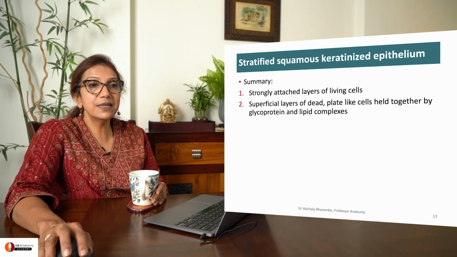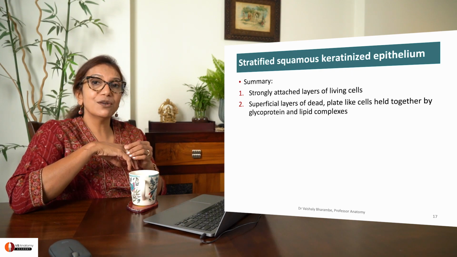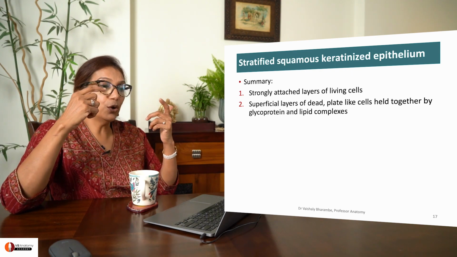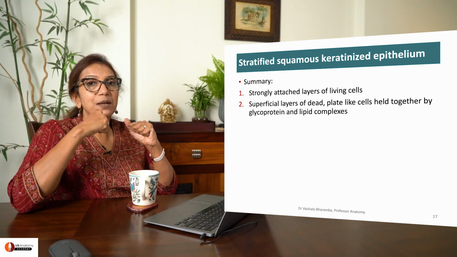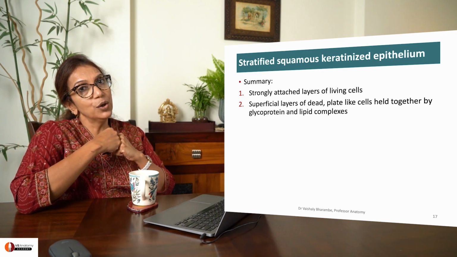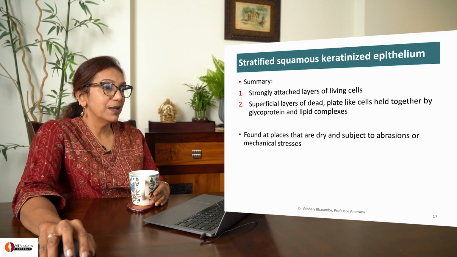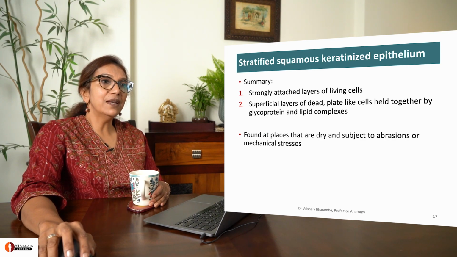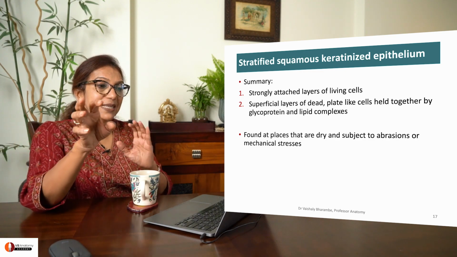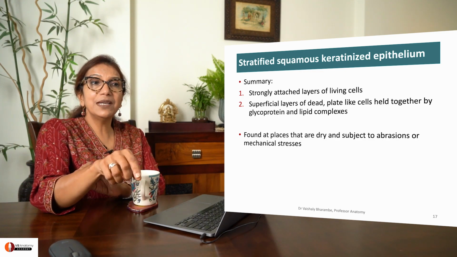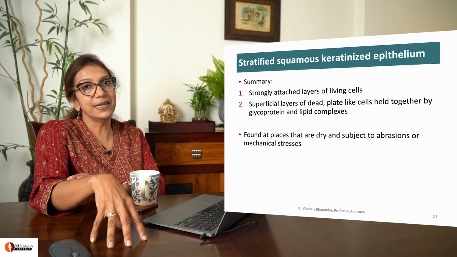How do you summarize this? Strongly attached layers of living cells. On the top, superficial layer of dead plate-like cells held together by glycoprotein and lipid complexes. It's found at places where there is friction but the surface is dry. For example, your skin. This epithelium is therefore called dry epithelium.